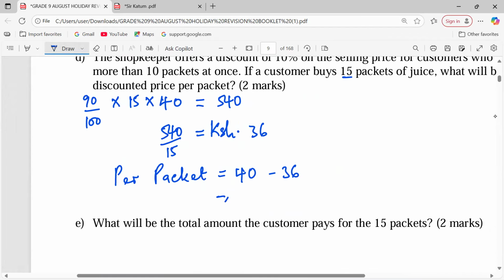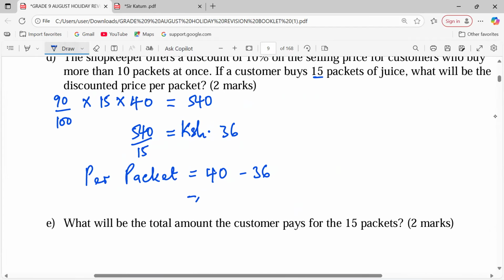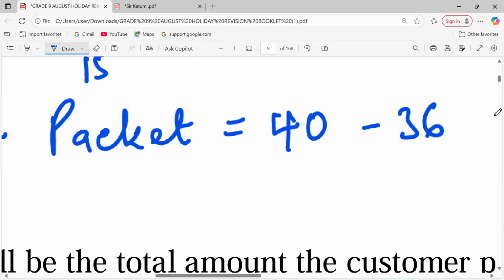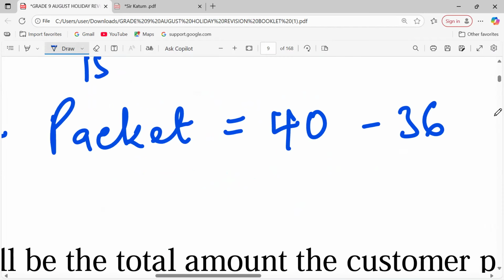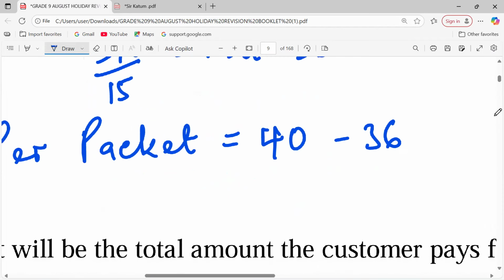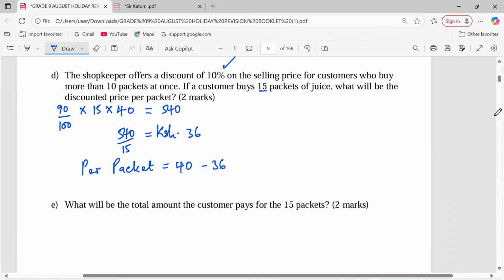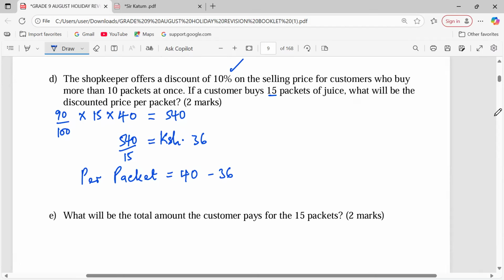The discount in this particular case shall be, the discount, sorry, I'm trying to adjust my screen to accommodate every information. So look at what we are working out in this case. 10% discount is being enjoyed.